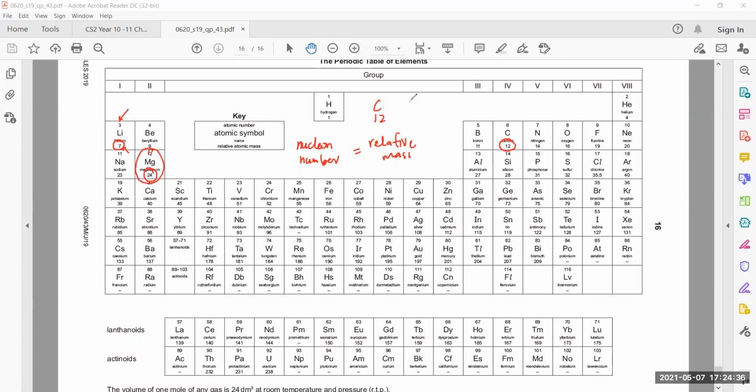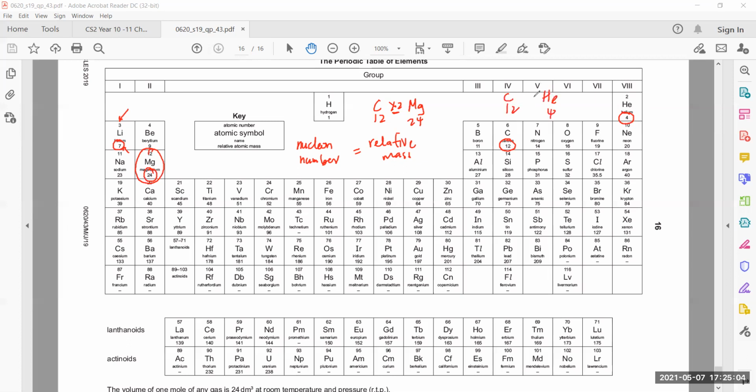Now what this means is magnesium is twice the mass of carbon. The mass of one atom of magnesium is twice the mass of one atom of carbon. And if you look at something else, for example, helium. Helium is 4. So carbon is 12, helium is 4.